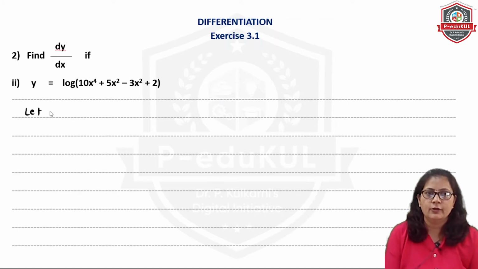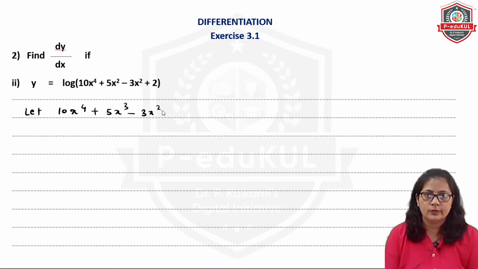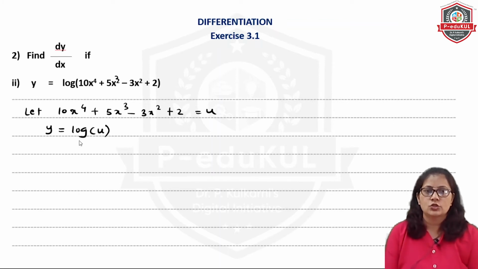So I'll write let 10x raised to 4 plus 5x cube minus 3x square plus 2 is equal to u. So my function will be log of u. So my function is in u and u is in x. So I am taking the differentiation twice.